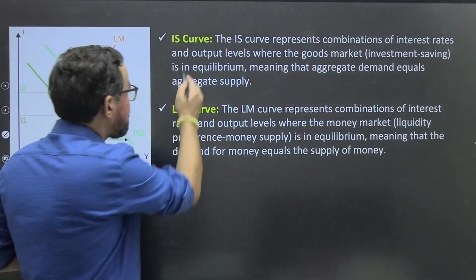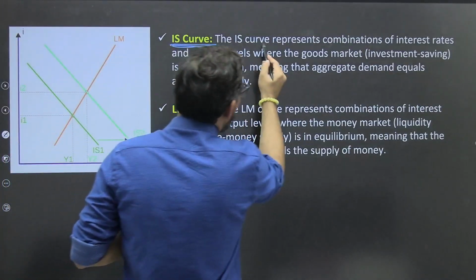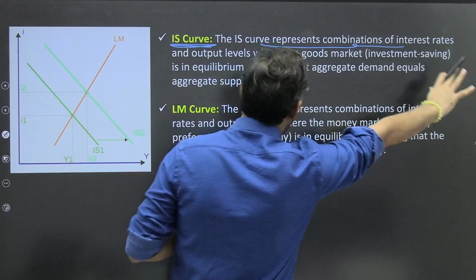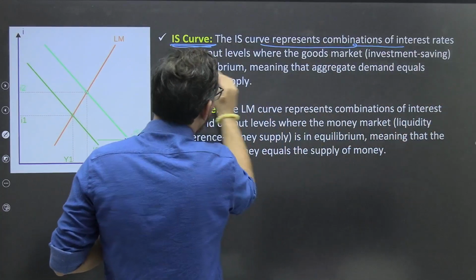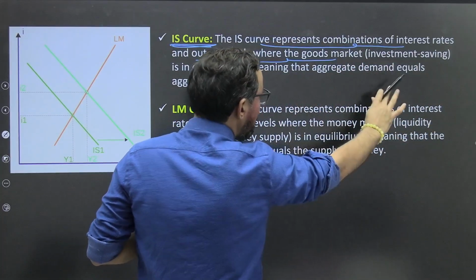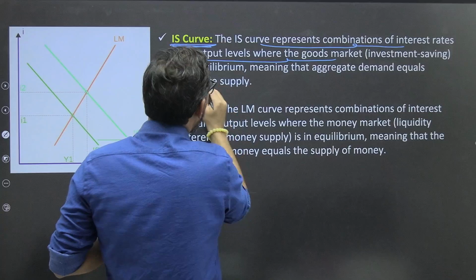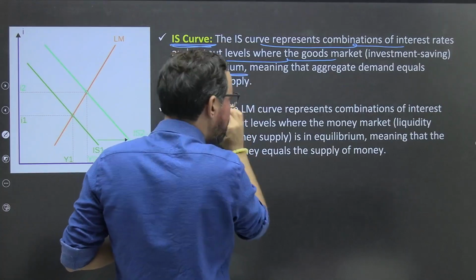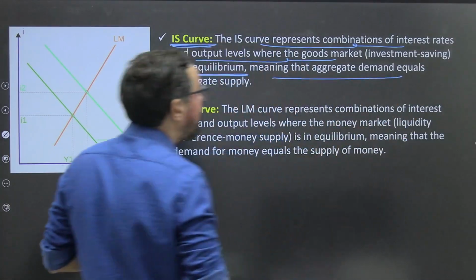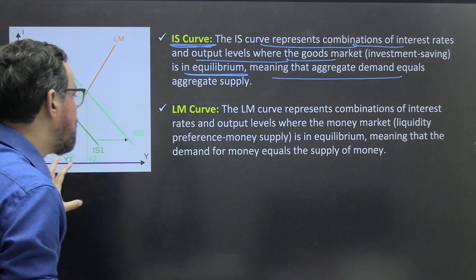So if you talk about the IS curve, the IS curve represents the combination of interest rate and output level where the goods market, investment and savings, is in equilibrium, meaning aggregate demand equals aggregate supply.